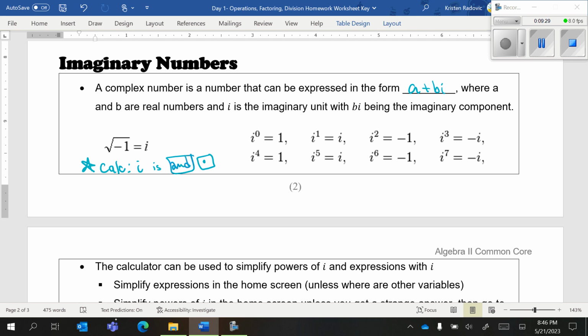What you cannot do is leave exponents in your answer for i. So if you have i cubed, you need to type i cubed in the calculator, and it's going to simplify that to -i for you. If you have i squared, you need to type that in the calculator, and it's going to simplify it to -1. i squared comes up a lot.